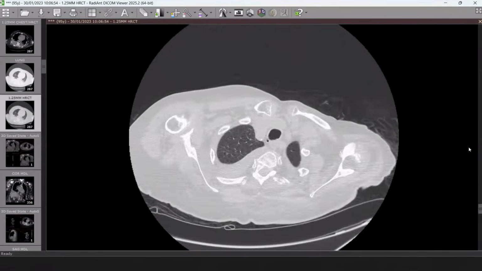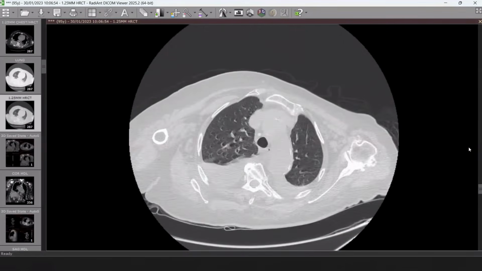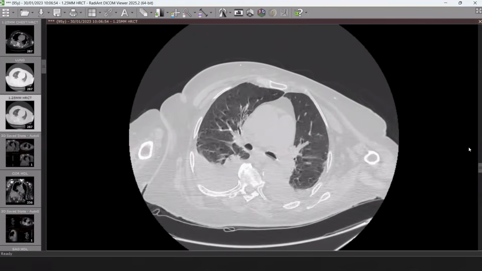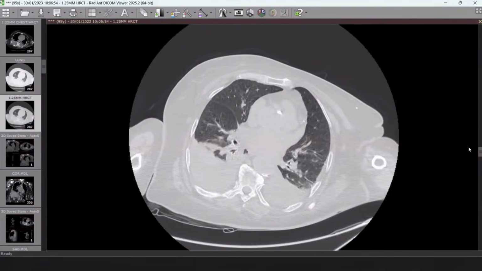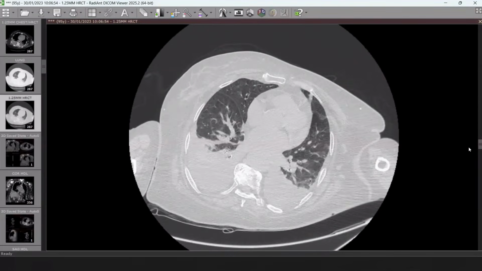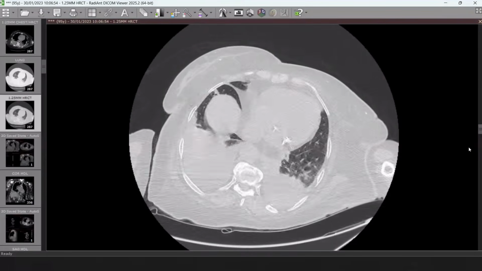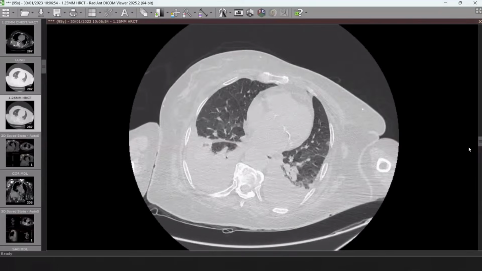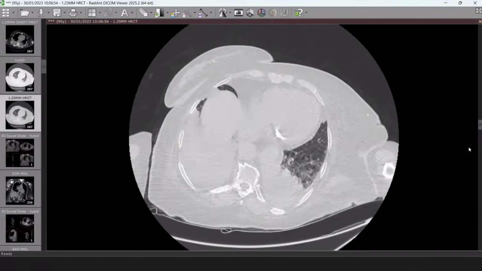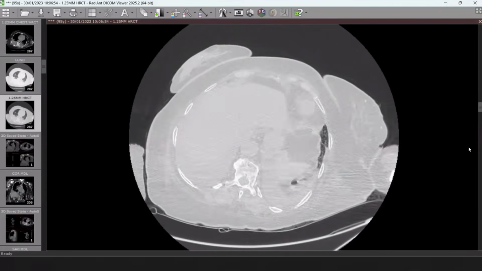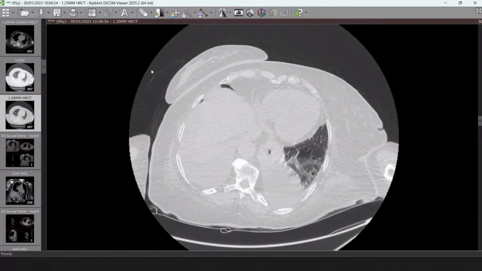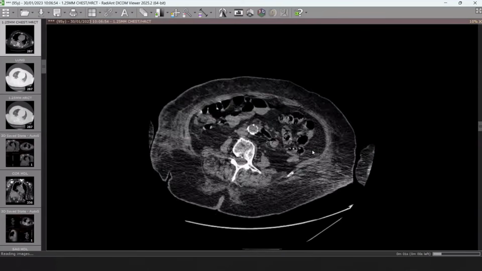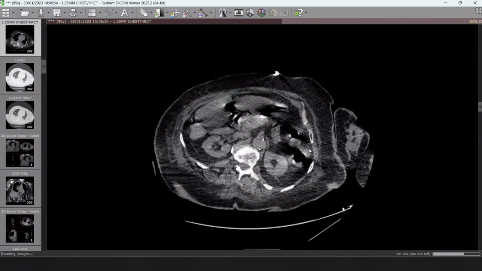Atherosclerotic calcifications as well. I'll just look at the lungs to see if I can find any lung parenchymal abnormality. Grossly, the aerated part of the lung is not showing any gross abnormality. Let's review the mediastinal window.